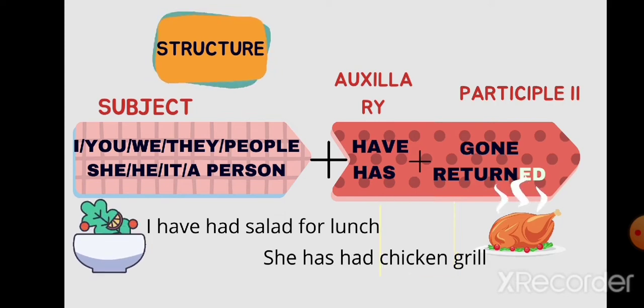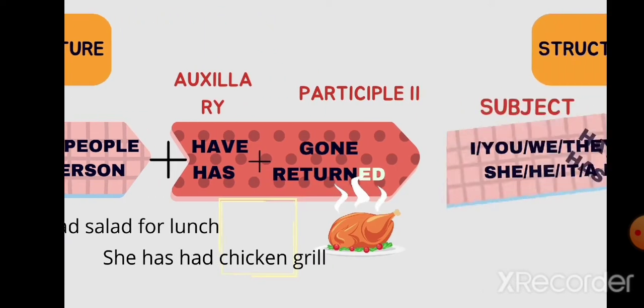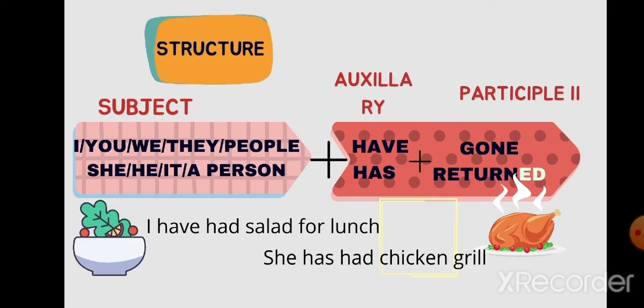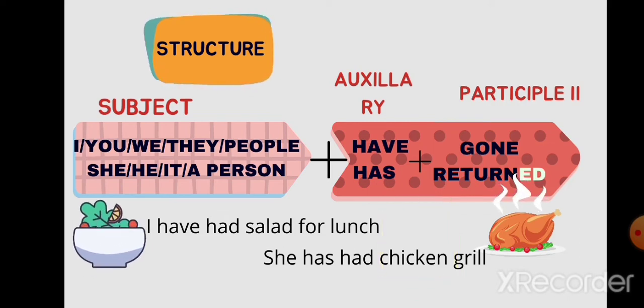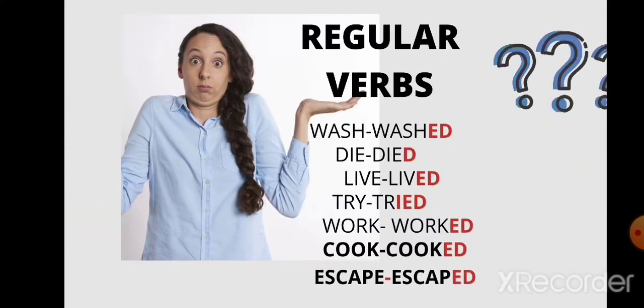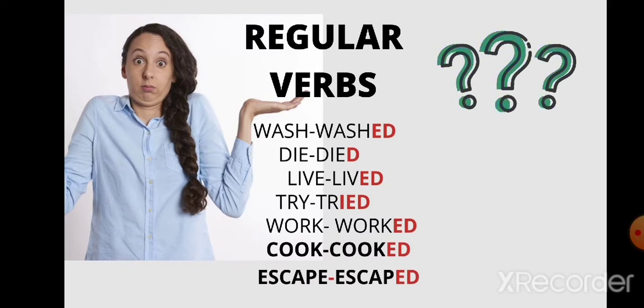Or the subject is singular, she, he, it, a person, has auxiliary is required, and then participle two, again regular if the verb is regular, ed. Let's look at samples. I have had some salad for lunch. She has had chicken grill. Or you can contract.